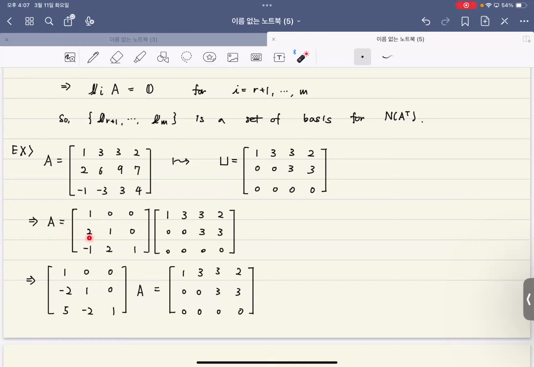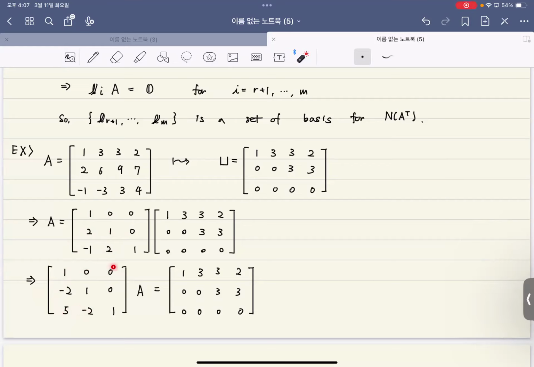This number is 2 because I multiply the first row by -2 and add it to the second. So we were able to pinpoint these sub-diagonal entries of this lower triangular matrix. You know how to find these numbers, and if you invert this, then I have this equation, right?